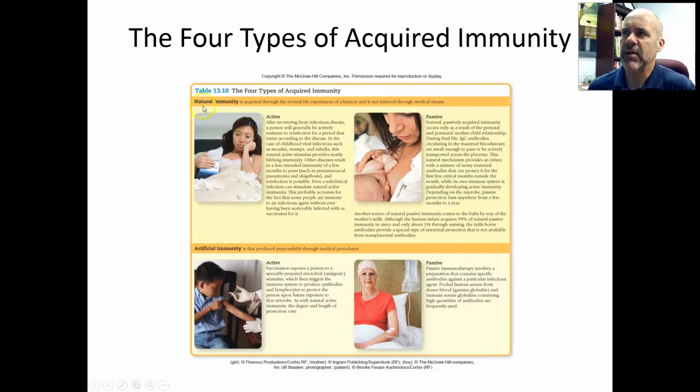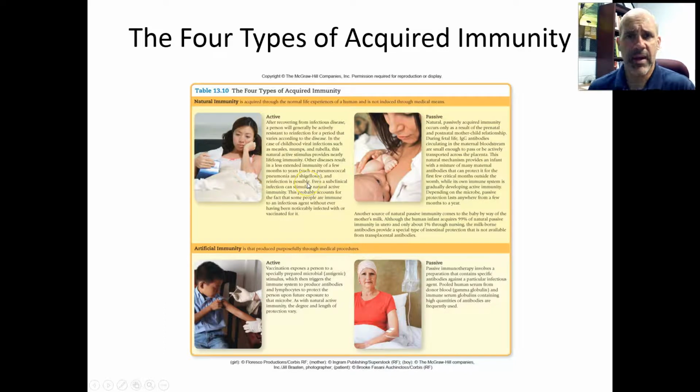All right, so first of all, under the natural category, naturally occurring active immunity, that's what we've been talking about. You naturally get exposed to something foreign, a virus, bacterium, whatever, and you generate your own immune response against it.